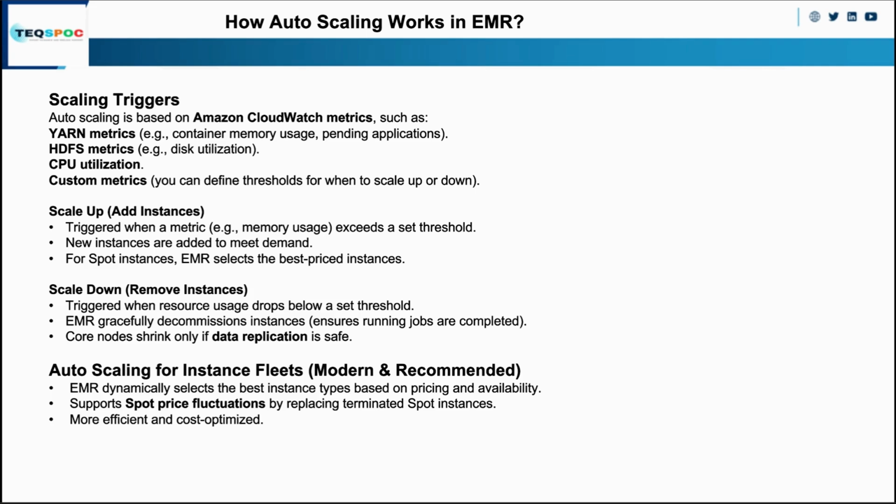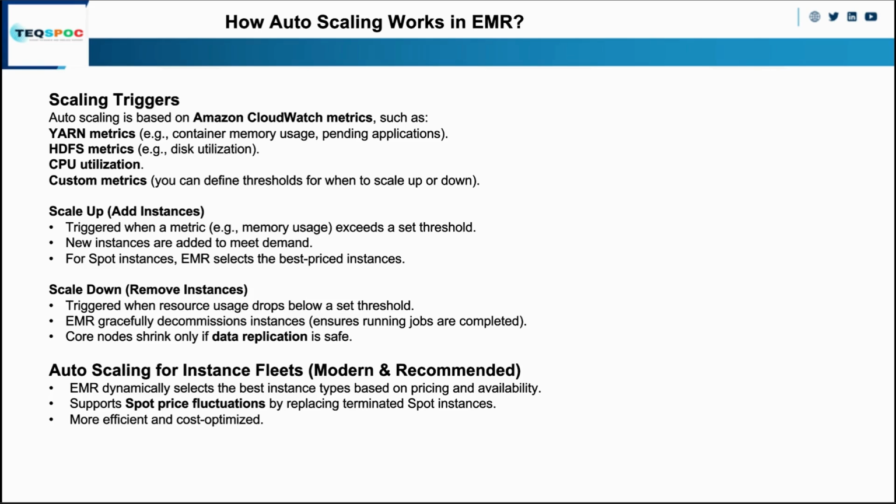Since the big data framework works in a master-slave architecture, the master node will instruct all the other nodes, and also it will keep the metadata information, whereas the core node will be used for processing as well as storing data. The task nodes will only process data, but they won't store any data.